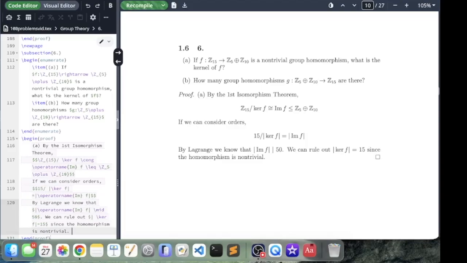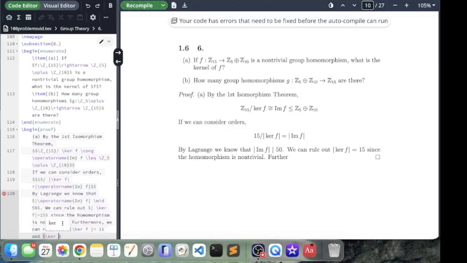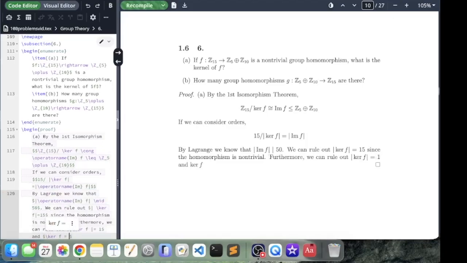Furthermore, we can rule out the order of the kernel of f equaling 1 and equaling 5.